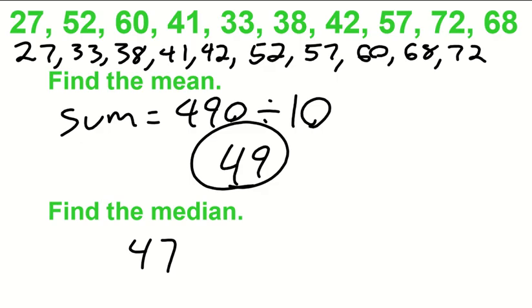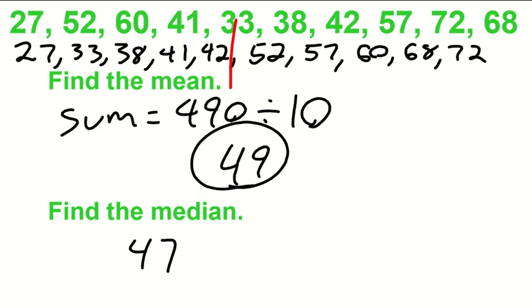There's 10 pieces of data, 10 numbers. So what's half of 10? 5. What that means is when I find the median, I should have 5 numbers on either side, so the median is going to be right through the middle. So it's between two numbers, 42 and 52.